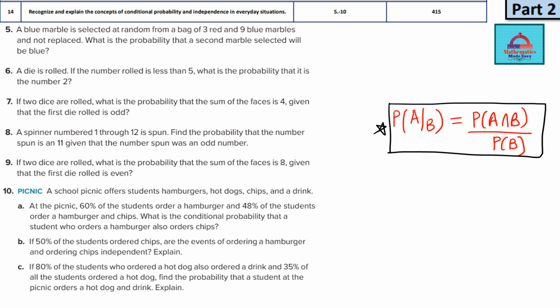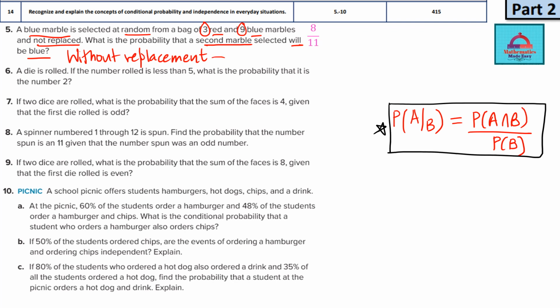So in question 5, a blue marble is selected from a random bag of 3 red and 9 blue marbles and is not replaced. So this is a question on without replacement, and when that happens, the probability of drawing a second marble that will be selected as blue will get affected. That means the sample space is going to reduce by 1 because we are not replacing the marble once we take it out.